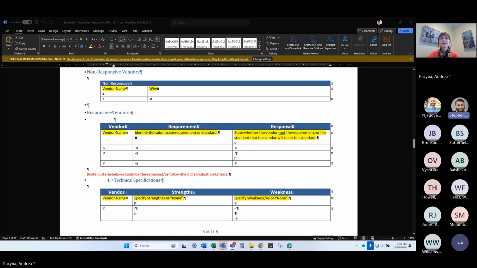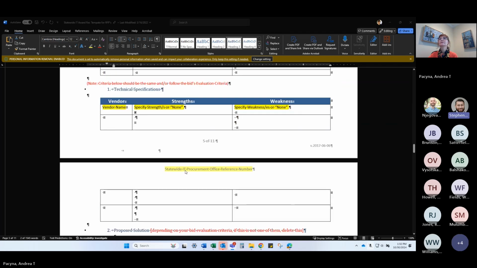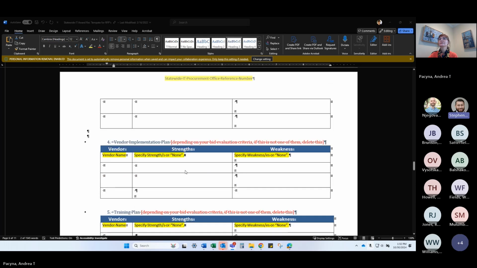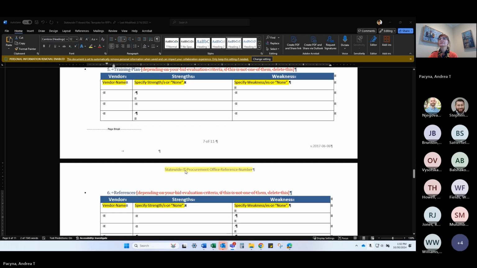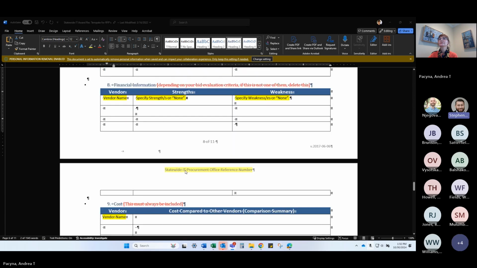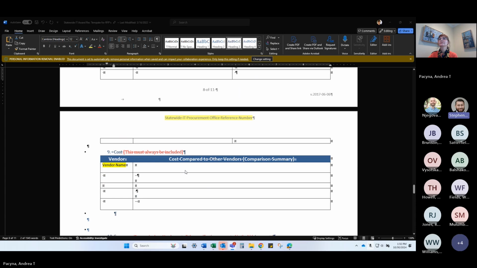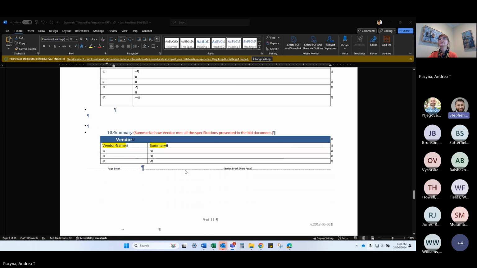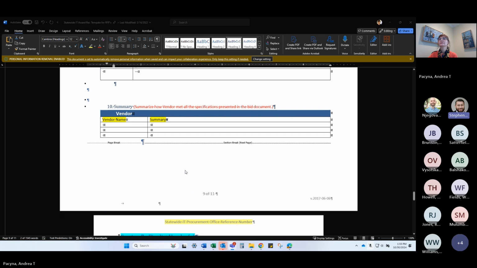Hey, Andrea, can I add on something to everything that's been said? Please do. This is why it's really important for us as an agency to remember we're here to limit the state's risk, right? So that's why it's really important to read everything. I understand that other agencies are going to be pushing you and trying to get the orders through and all that stuff. But at the same time, we're procurement professionals.